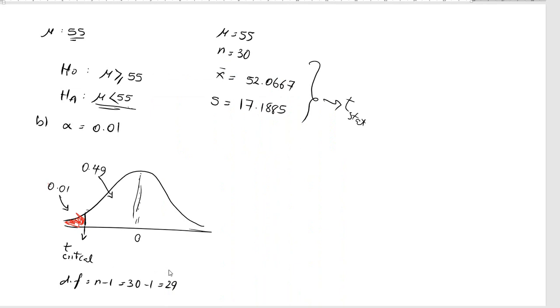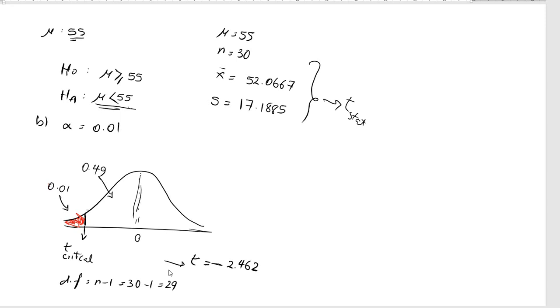So that would give me t critical as 2.462. Be careful, because I drew the distribution, I know that t is on the left side of the mean, so on the negative side, so t should be minus 2.462. Be very careful when you find the value.